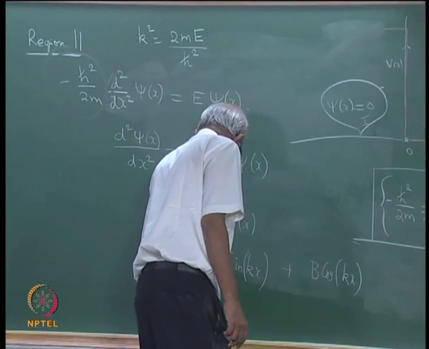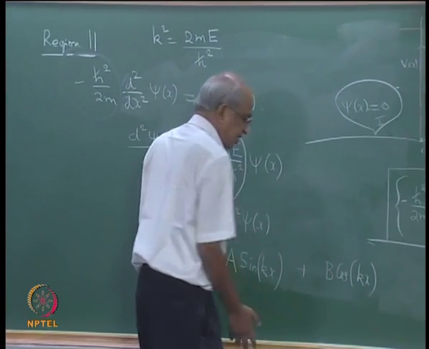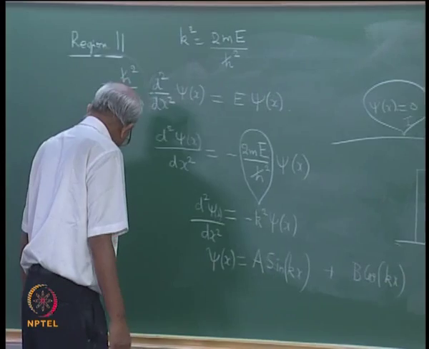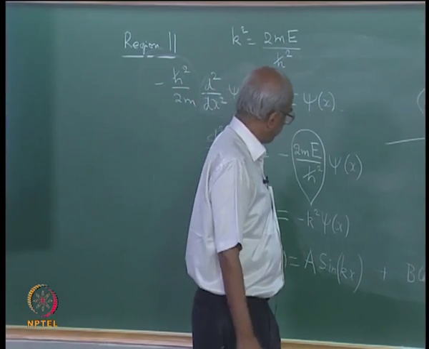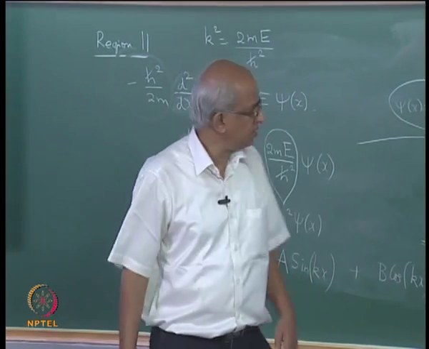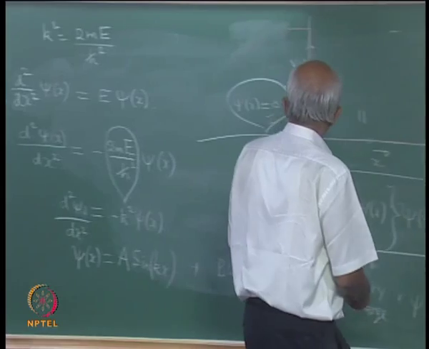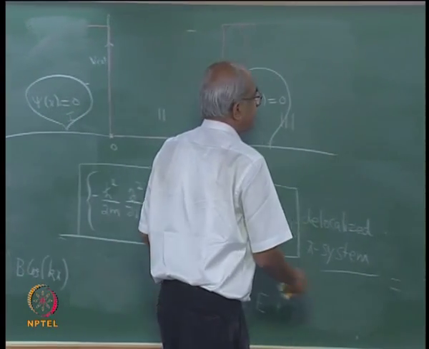But then suppose I have found the solution, and the values of A and B at the moment seem to be arbitrary. Suppose I make a plot of the solution, all the things that I have obtained. What I mean is I am going to make a plot of psi of x against x.